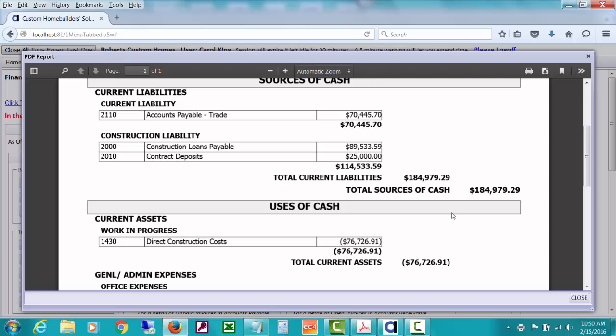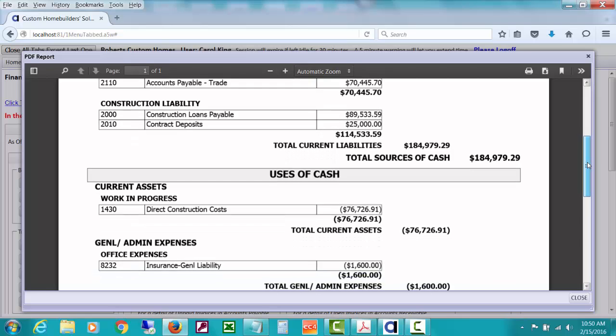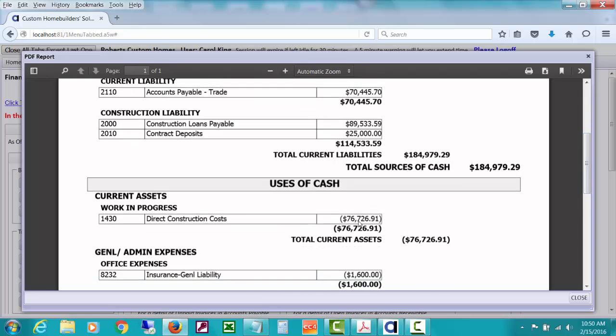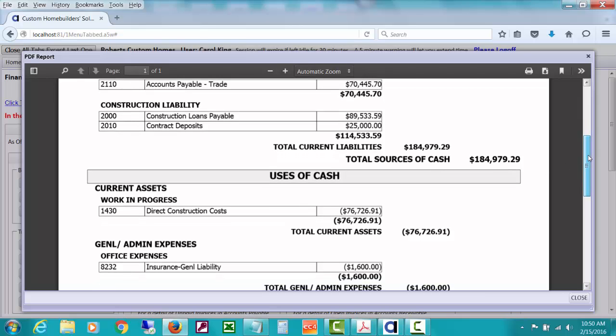are here. So accounting-wise, when you do a cash flow report, the liabilities are included up here. This makes sense, that you got this much probably for interim draws and this much for a contract deposit. So they call that sources of cash.